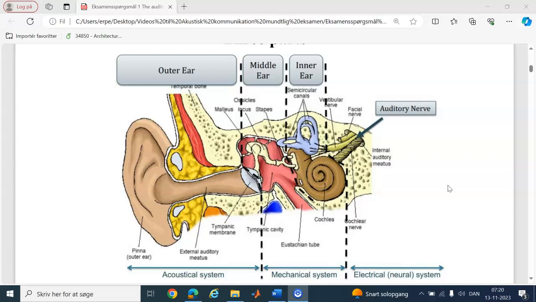The middle ear is part of the mechanical system with the ossicles, those three small bones, and the Eustachian tube, the balance tube, you can say. It's a mechanical system.